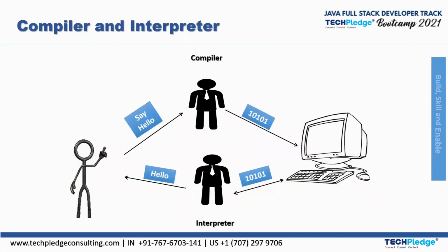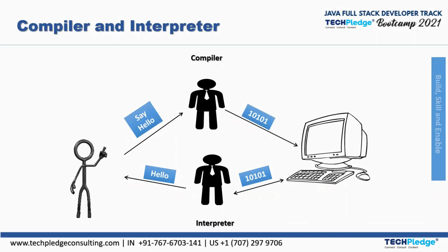It converts the language that we speak into machine language, that is, binary code. Once the compiler compiles it, it converts it into machine code and the computer executes it. The output that we get back is again in terms of binary code.